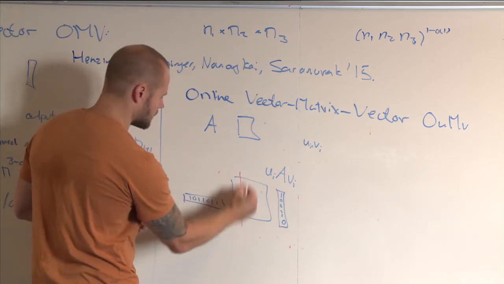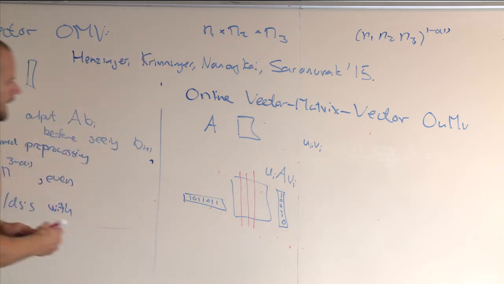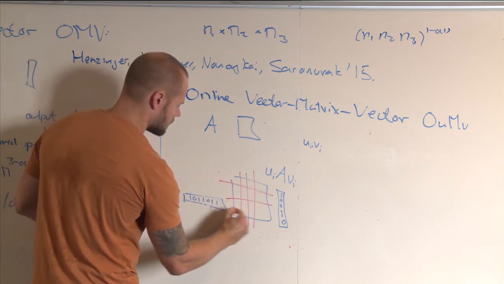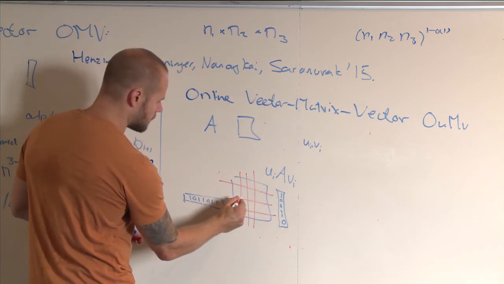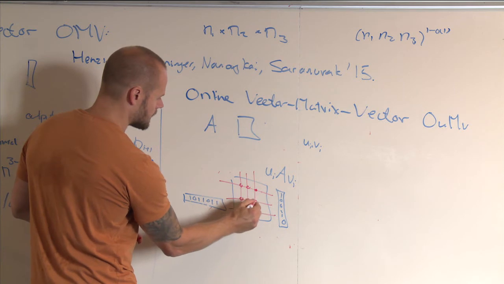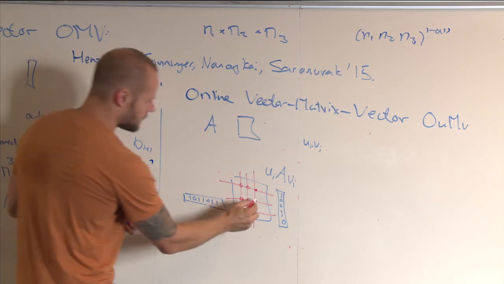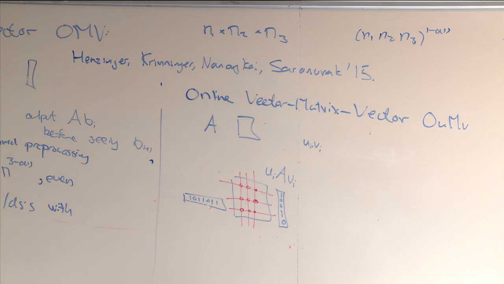You take all these columns and OR them, and then you look at all the rows indexed by the 1s over here. The answer is 1 if and only if there's a 1 in any one of these entries. So that's the answer to the query. You're basically asking for a submatrix, a subset of rows and a subset of columns: is there a 1 inside this submatrix? That's what a query is asking for.